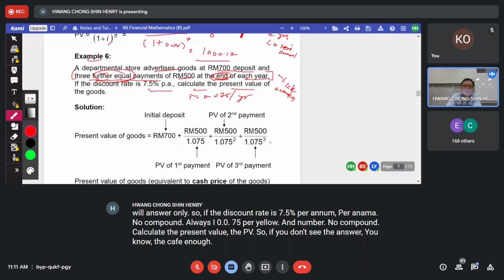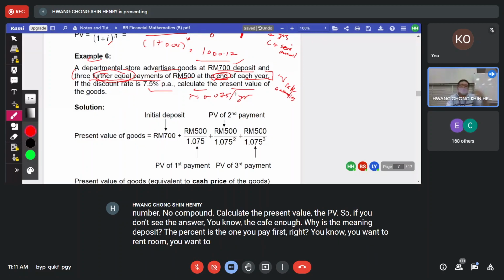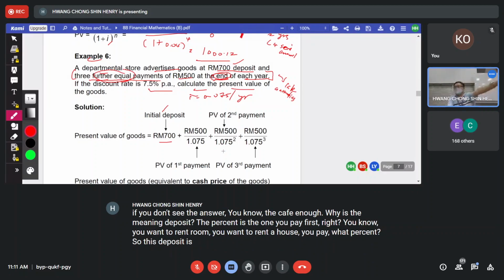What is the meaning of deposit? Deposit is the one you pay first, right? If you want to rent a room or a house, you pay what? Deposit. So this deposit is one time, 700. But you have to pay 3 equal payments.